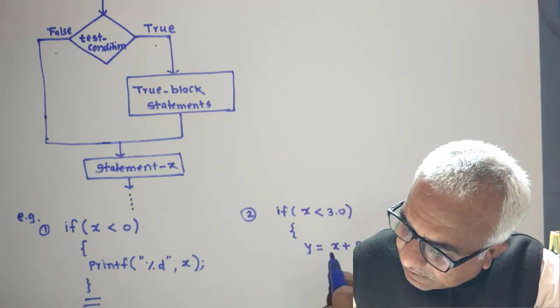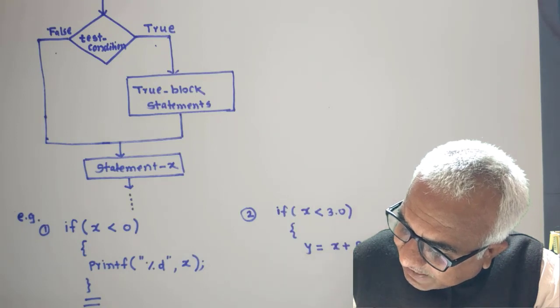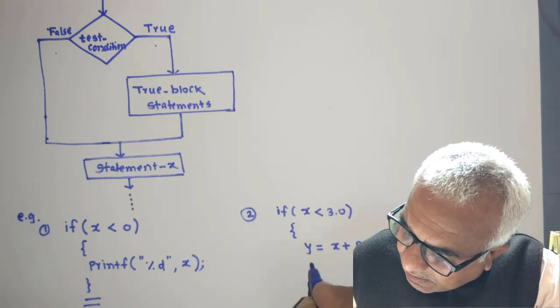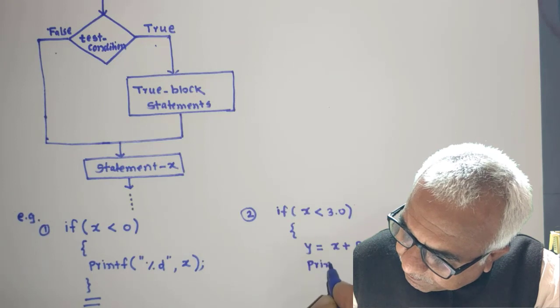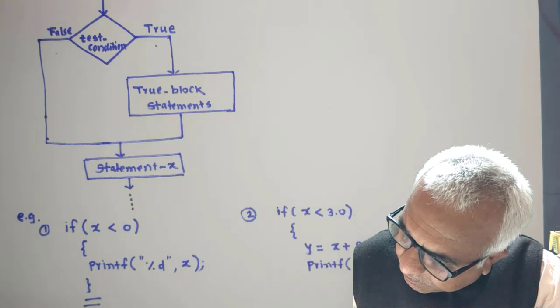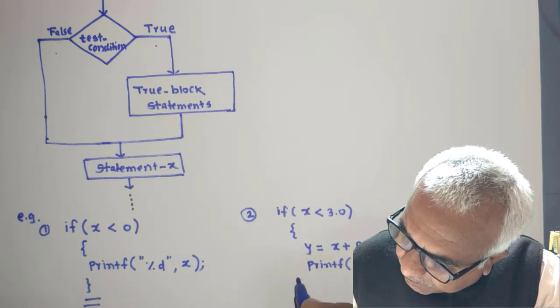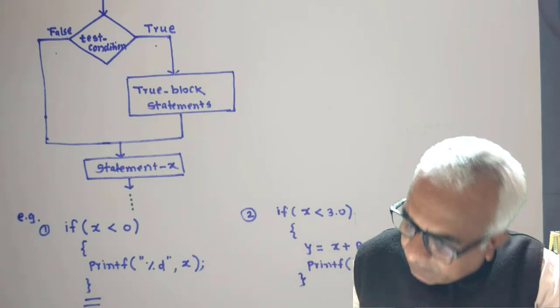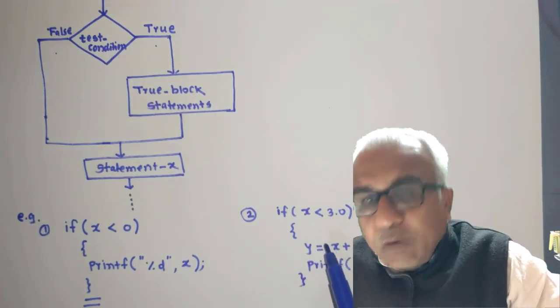Calculate Y as X plus X square and then print Y. What is the meaning of this?